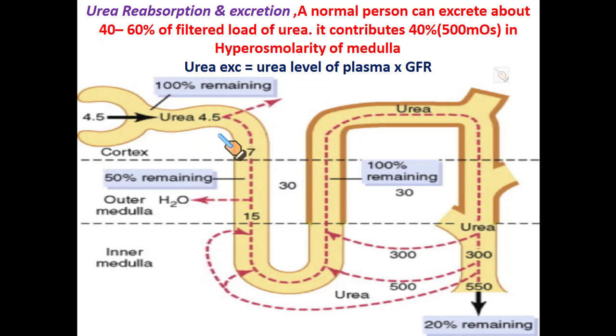But you will see the arrow is showing in the last part of the PCT, not from here, because here the reabsorption first occurs of sodium, then the prime responsibility of sodium to take glucose along with it, then the amino acids, and after that the chlorides, and the water reabsorbs itself.